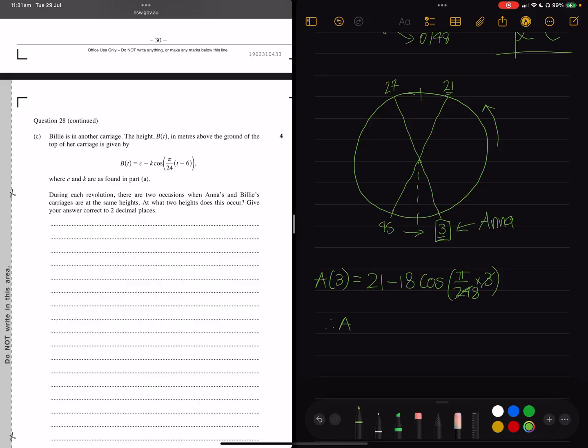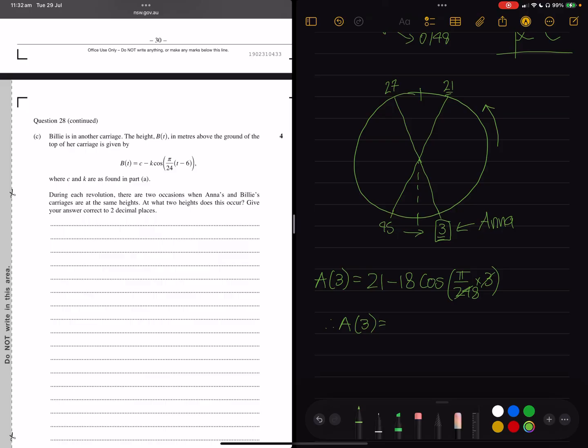So we'll put this into our calculator, A of 3. And we have to be careful that we're using the right mode here. This is radians. So we've got to put our calculator, shift setup, put it into radians. We have 21 minus 18 times cosine of pi on 8.